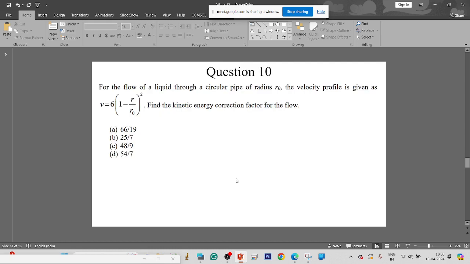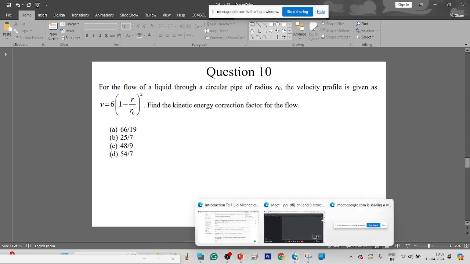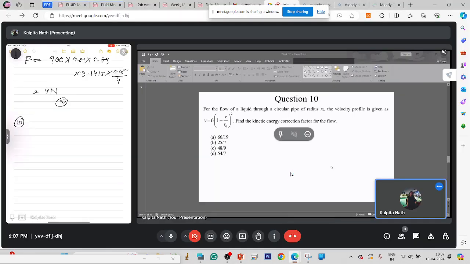For the flow of a liquid through a circular pipe of radius r0, the velocity profile is given. Find the kinetic energy correction factor. So we already know this, the question number 10, right? The average velocity we first need to calculate.